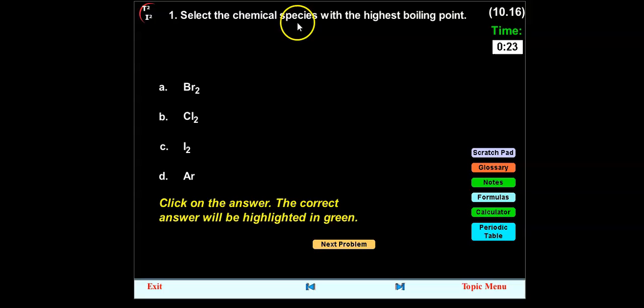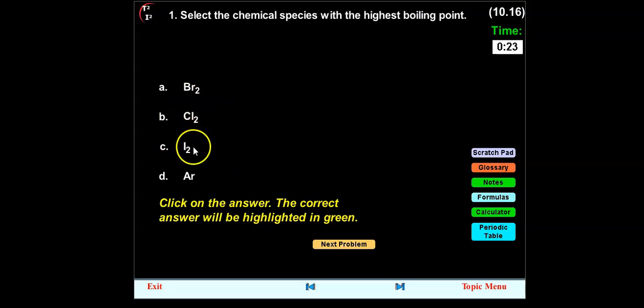All right, select the chemical species with the highest boiling point. Looking at this, you have to look for which of them will have the highest molar mass. You see that molar mass plays a big role in these intermolecular forces.